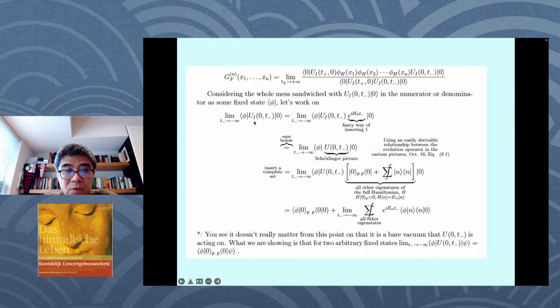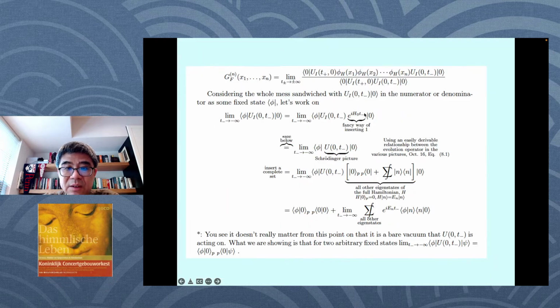Okay, so we want to see what this time evolution operator will give you when time t minus is sent to minus infinity. That means you send it to the long past. And what Coleman did is to create an exponential IH0 t minus, because H0 acting on the vacuum is equal to 0, because here there is a vacuum, and this vacuum is the eigenstate, the vacuum of this H0, so this is equal to 1.